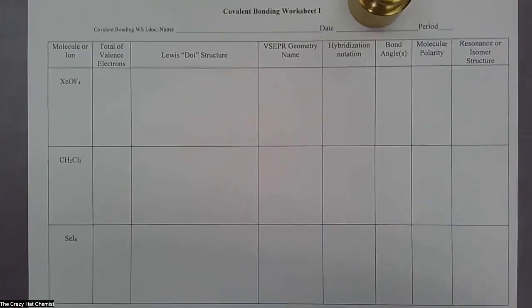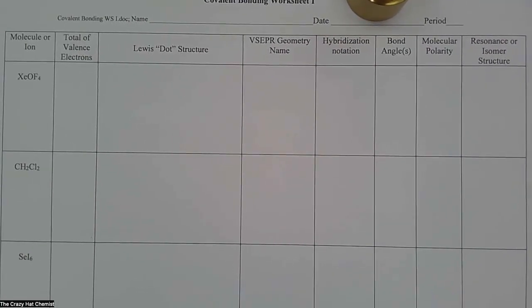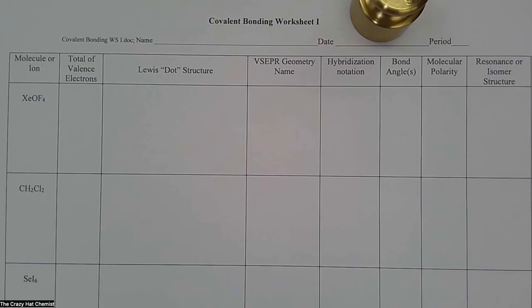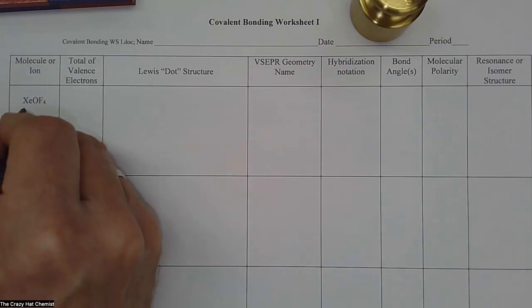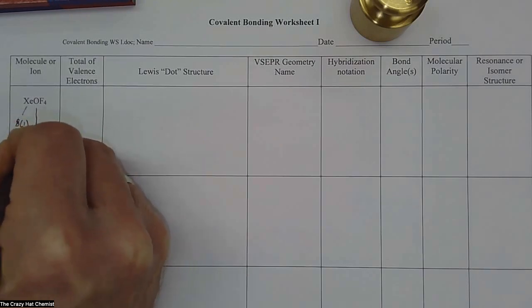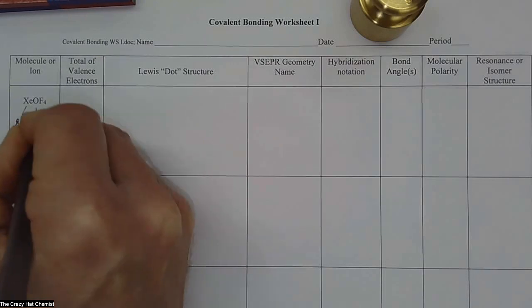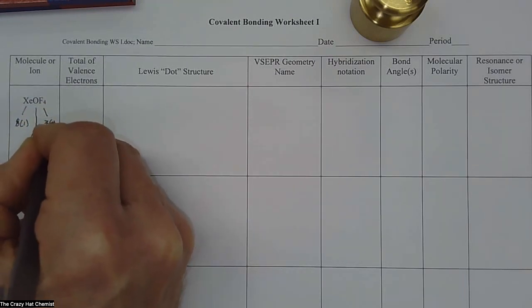So let me zoom in just a little bit more so that we have as large of space as possible on this. Okay, perfect. So here we go. Xe has 8 valence electrons. There's one of those. Oxygen has 6 valence electrons. There's one of those. Fluorine has 7 valence electrons. There's 4 of those.